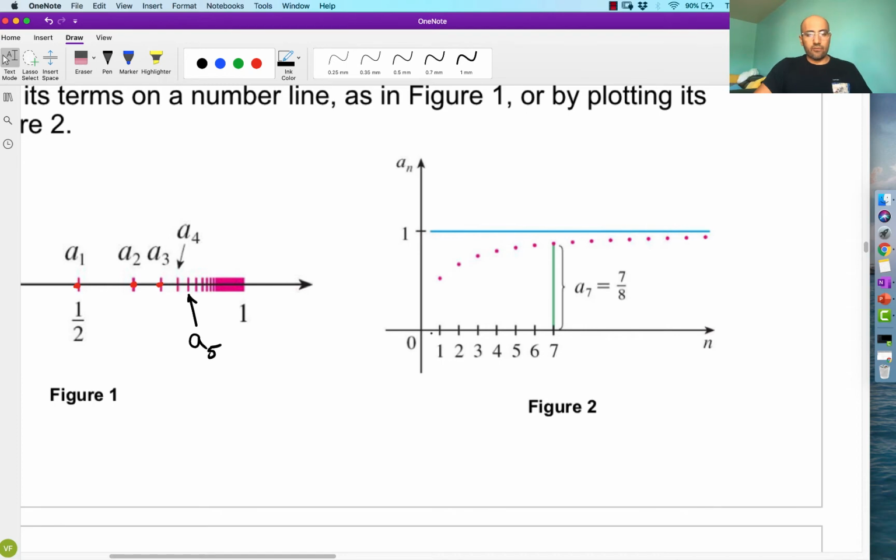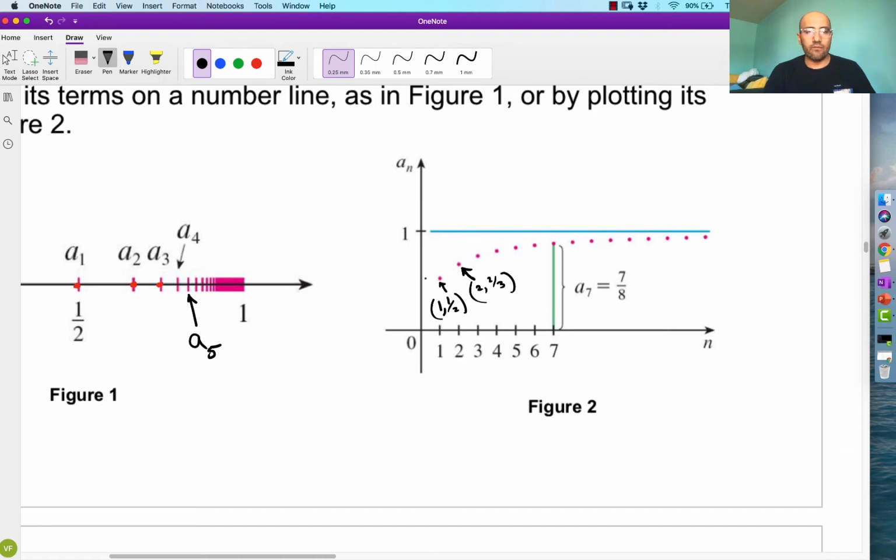Okay, so this style of graphing is in a two-dimensional grid. We have a vertical and we have a horizontal, and the horizontal is now going to be the integer values, and the vertical value is the actual values in our sequence. So this becomes the ordered pair (1, 1/2). So 1, 1/2 is that point, and 2, 2/3 becomes that point, and so on and so forth, right?